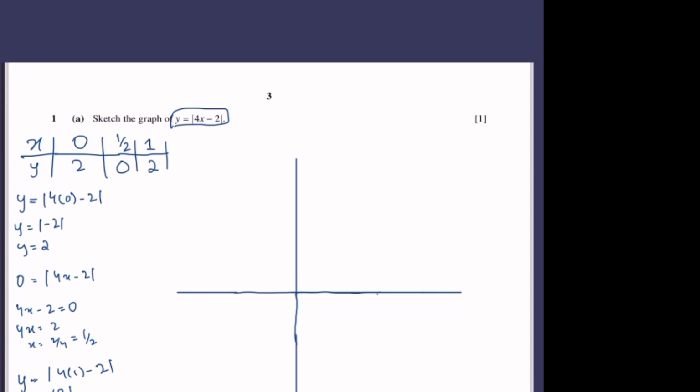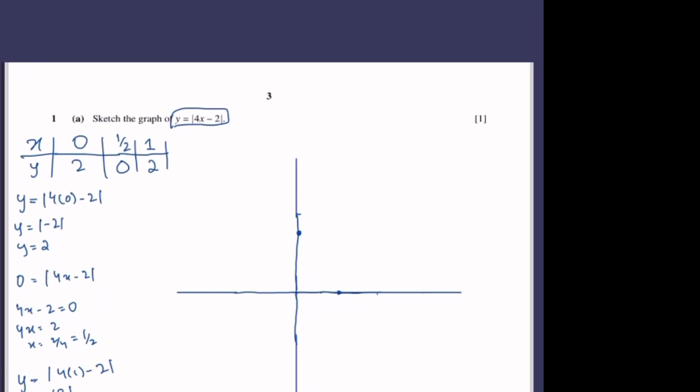So one point is x is 0 and y is 2. So 0 comma 2 is somewhere going to be over here, right? And then the second point is half comma 0, so x is half and y is 0. It's somewhere over here. And then the third point is 1 comma 2.